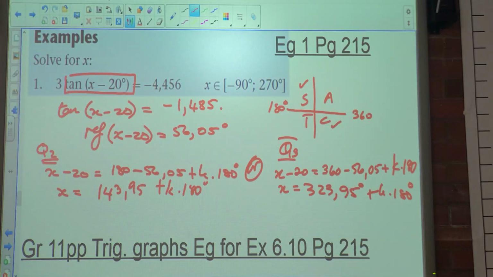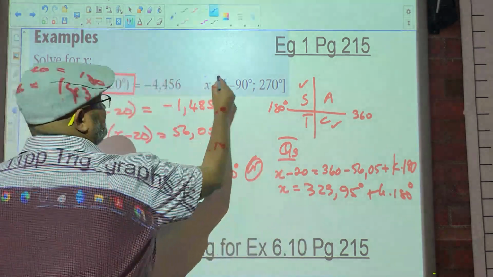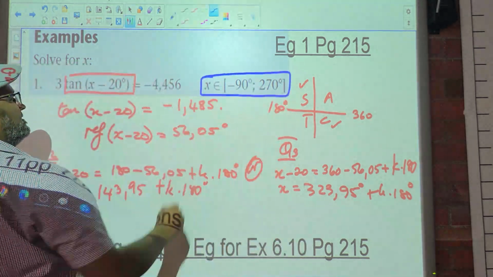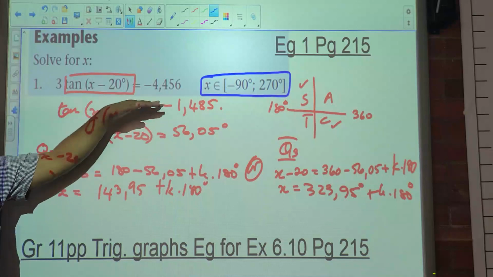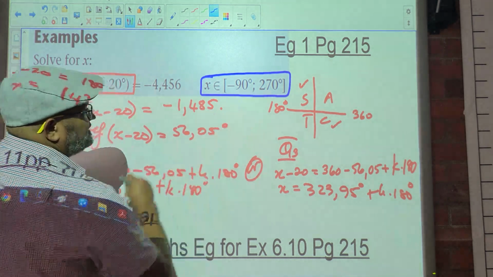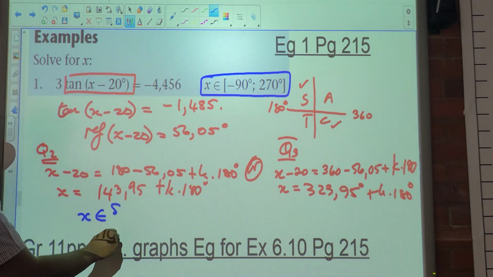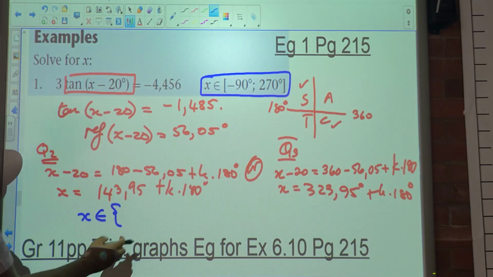Okay. So any confusion at this point? What do you notice here is the restricted domain. This is the general solution, this is where I stop. So the solution must lie within negative 90 to 270. So what do I say? X is an element of. And we start listing.